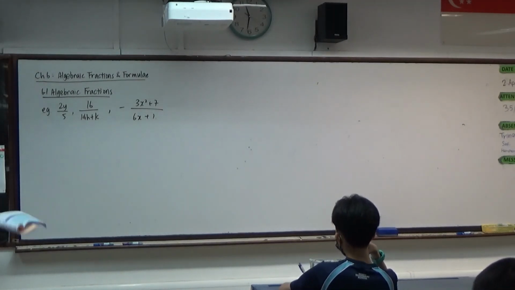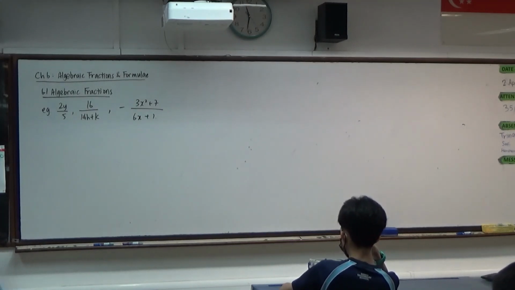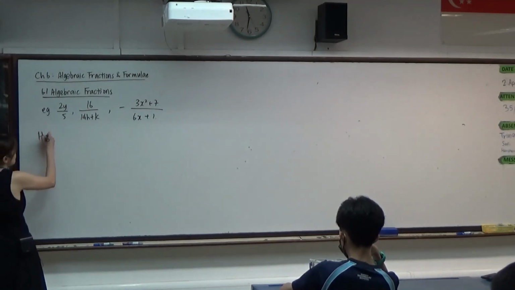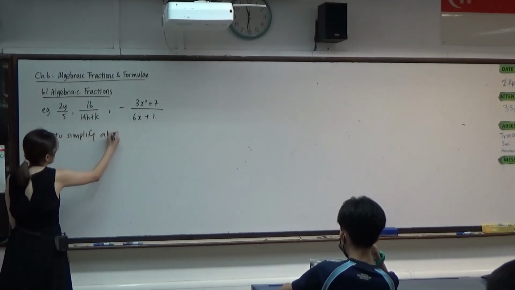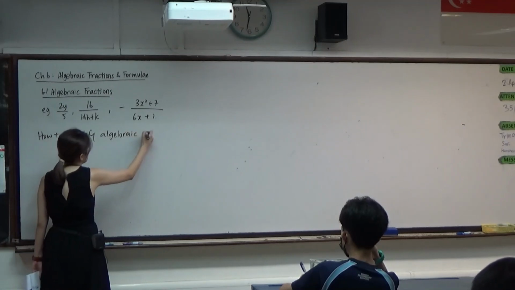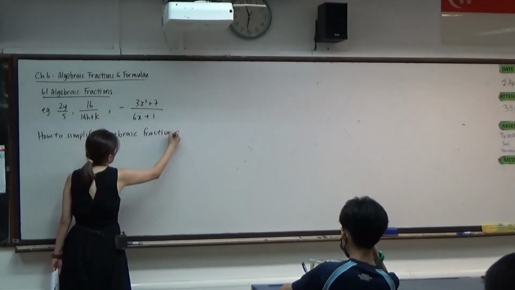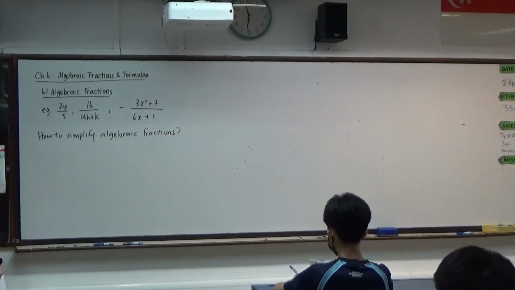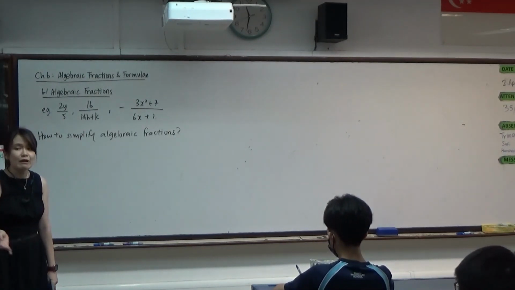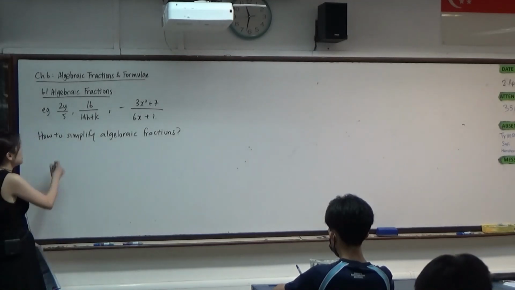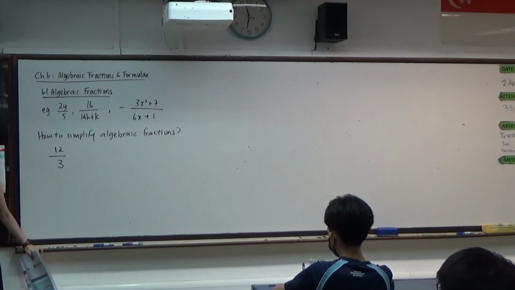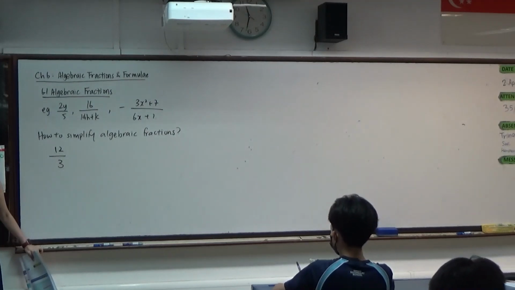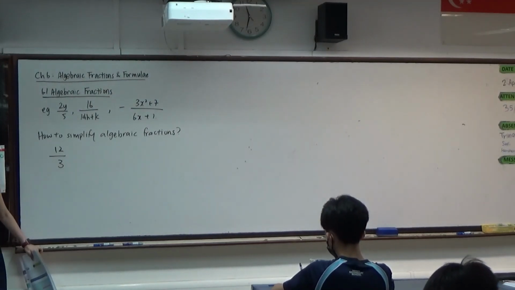So we need to first know how do we simplify algebraic fractions. For example, if I have 12 over 3, what is the simplification of it? 12 over 3 simplified is 4, right?